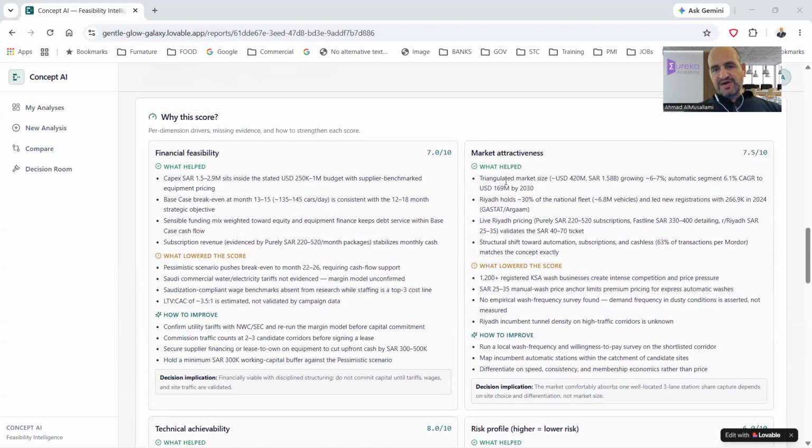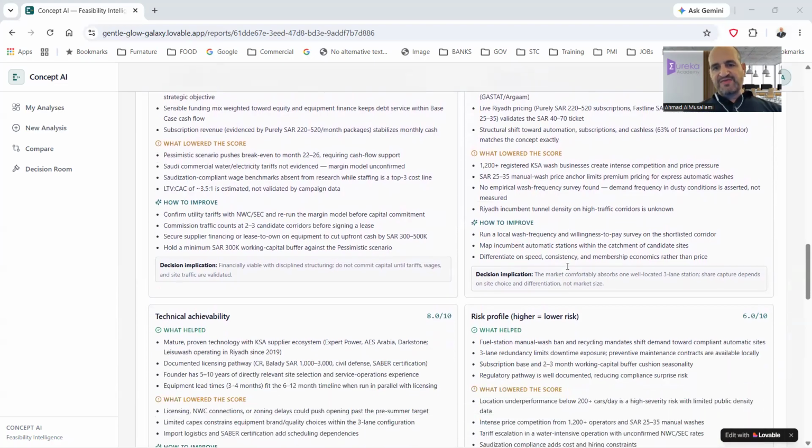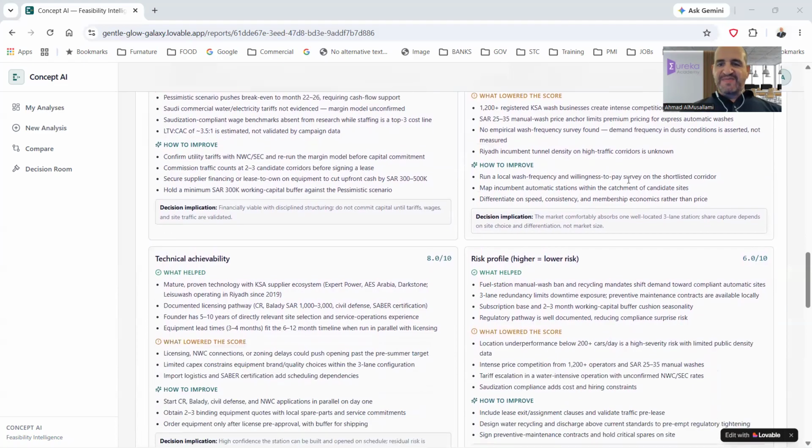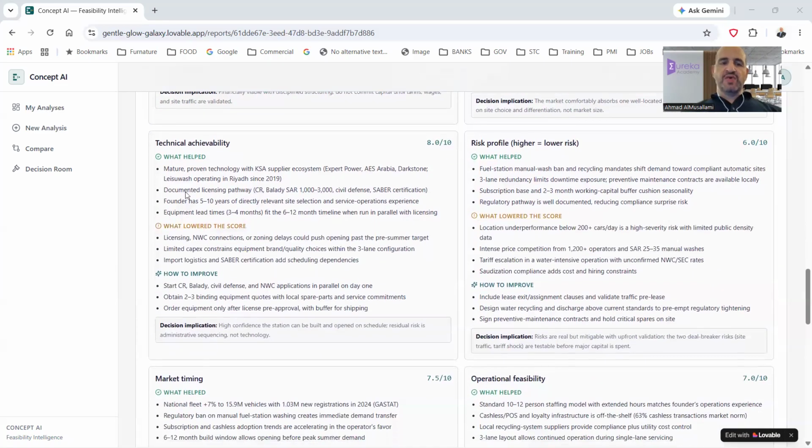We can see how here also this from the financial perspective, and from the market perspective also, over 1,200 registered wash businesses. Okay, this is a large number. But anyway, as you can see, many aspects from each one. What are the positives?